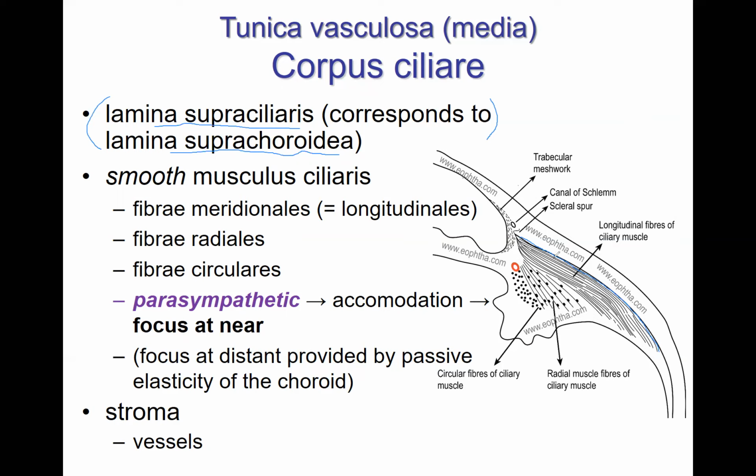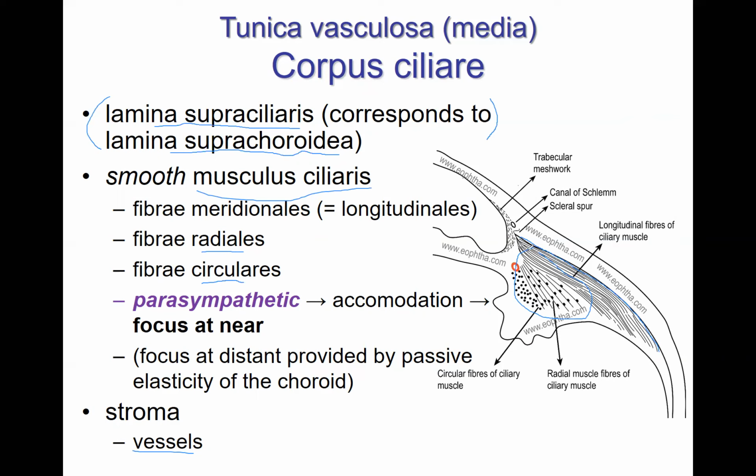Then the majority is a stroma which contains vessels, but mainly the ciliary muscle. And the ciliary muscle is a meshwork of fibers in three planes: circular, radial, and the longitudinal.